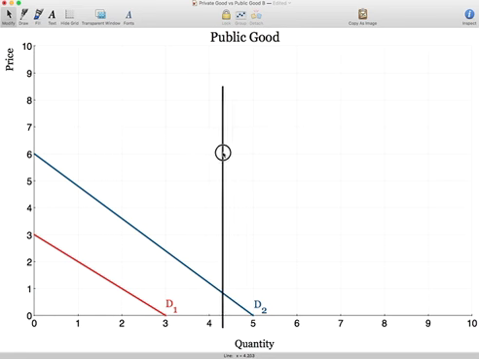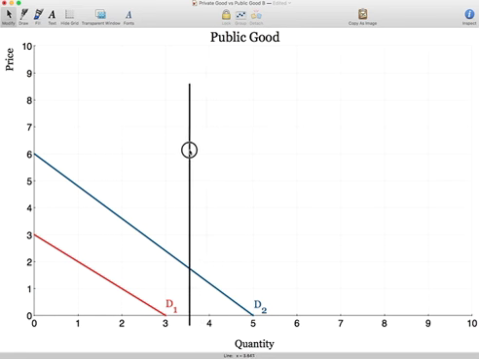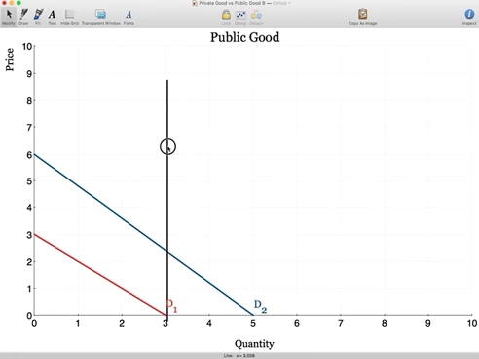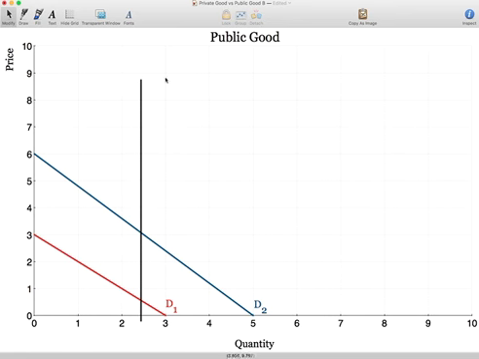That's the only demand curve that this vertical line is intersecting between those quantities. So from a quantity of 5 to 3, the market demand for this public good is just going to be D2. So let me draw that in here. There you go.